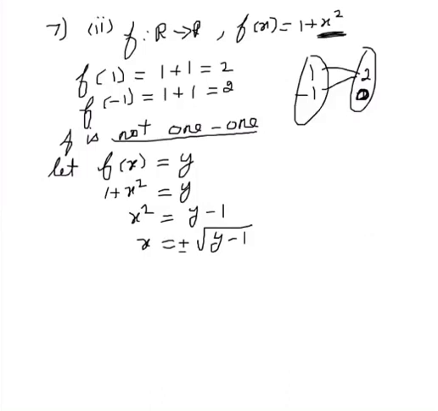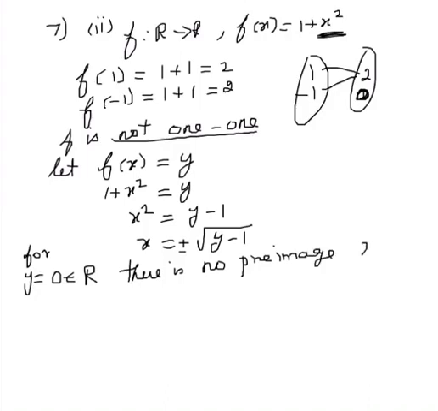So we will write one counter example. y equal to 0 belonging to the second set. For y equal to 0, there is no pre-image x belonging to R. Therefore, f is not onto.